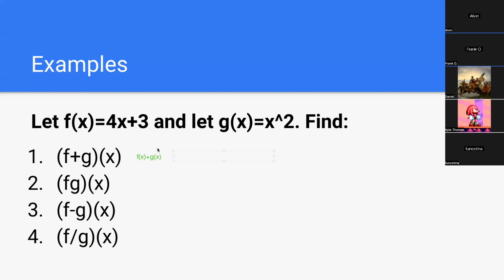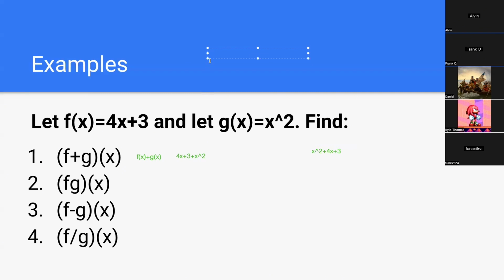Next, we can plug the values in. f of x is equal to 4x plus 3, and g of x is equal to x squared. And then boom, we have our answer. The answer to f plus g is x squared plus 4x plus 3.